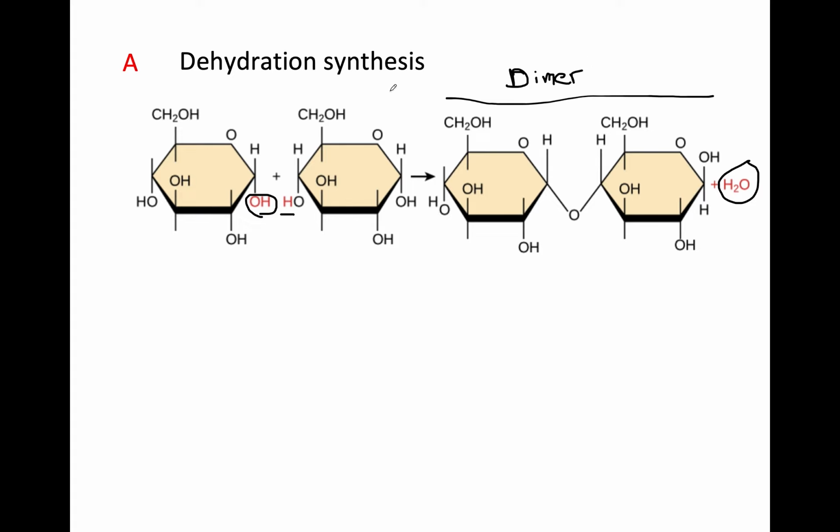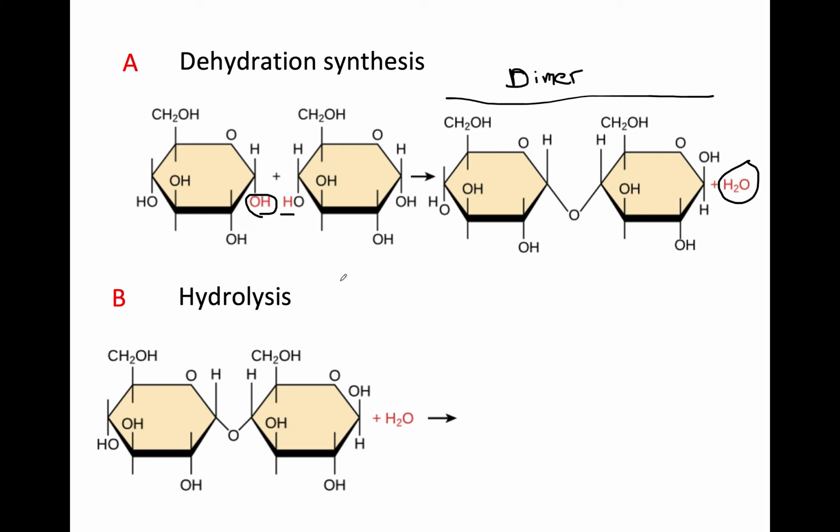So that's dehydration synthesis, and this happens in nature all the time. And then that plant that makes the starch that we eat keeps doing this over and over again until you get really long stretches of glucose molecules attached to one another in the form of starch.